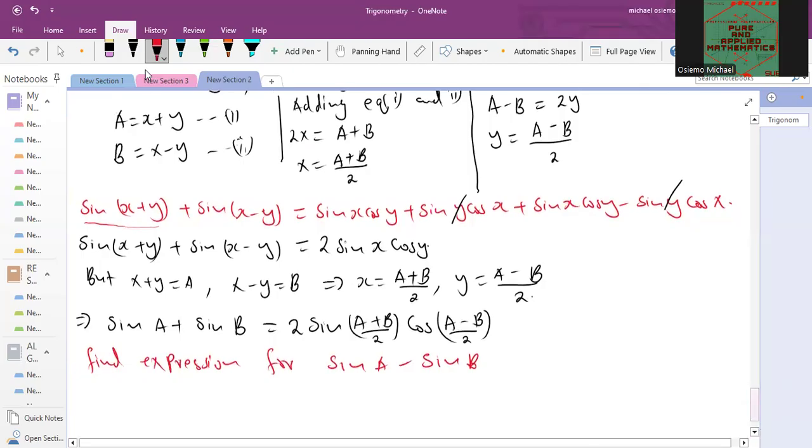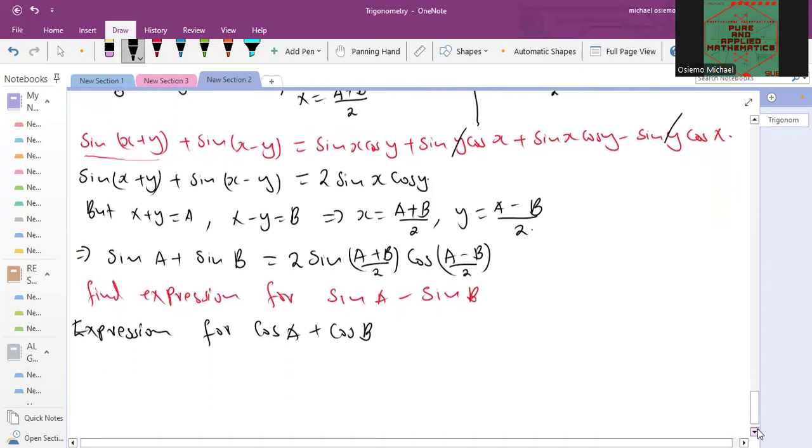So let us also find the expression now for cos A plus cos B. We're still going to use the same approach.